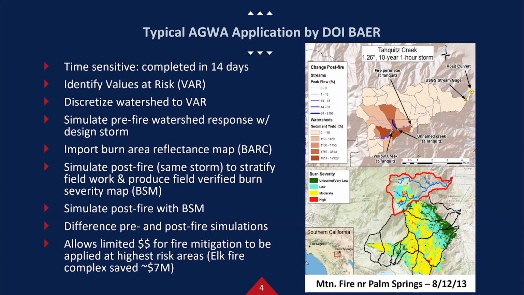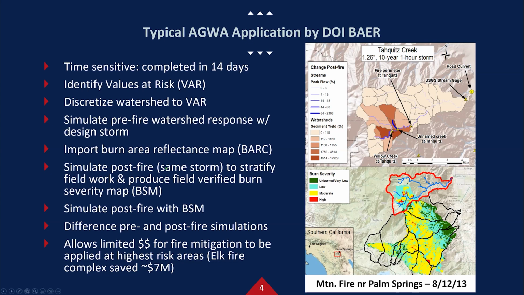So the first product that they get from both USGS and Forest Service is a burn area reflectance map, or the BARC. So they can do an initial post-fire simulation to stratify field work and produce field-verified burn severity maps.